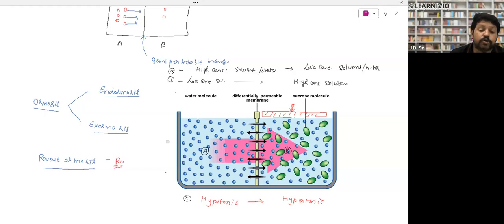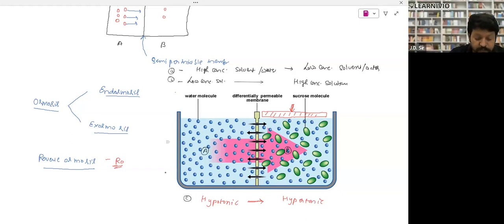Why? Because sugar molecules are not there, so they will not collide with sugar molecules. So kinetic energy is higher here. Here the kinetic energy is lower, right? Why? Sugar molecules are there, they will collide with sugar molecules and lose their energy. So at the A end, there is higher chemical or kinetic energy. At the B end, there is lower chemical or kinetic energy. Right. The same thing as explained.